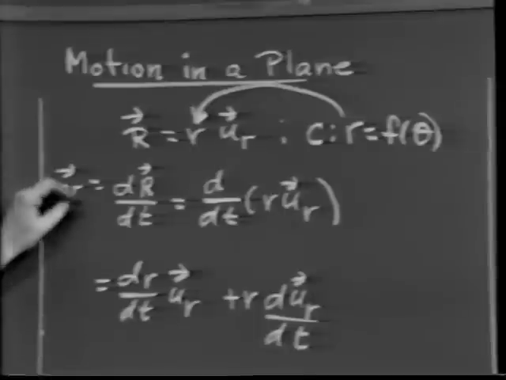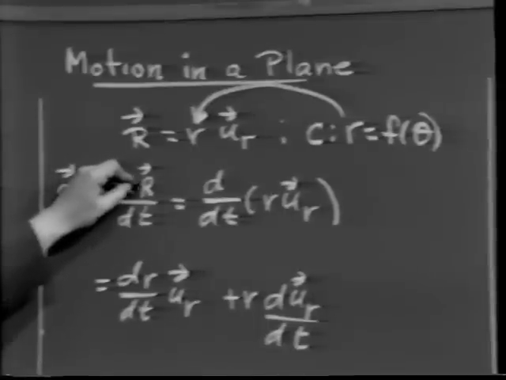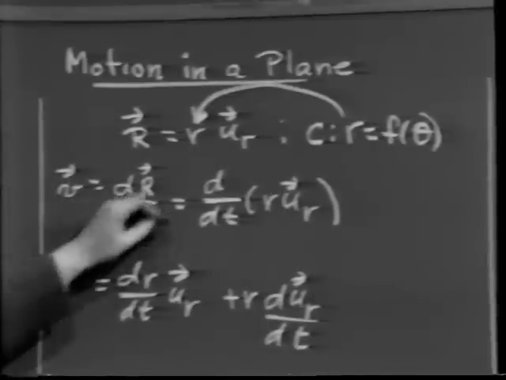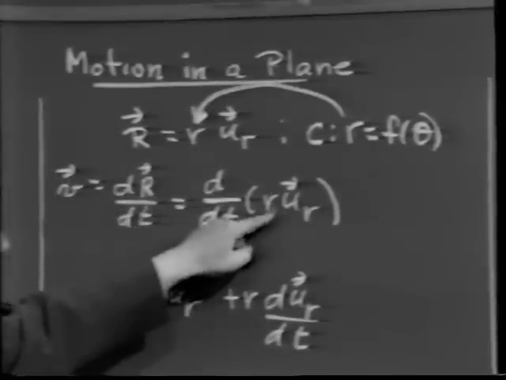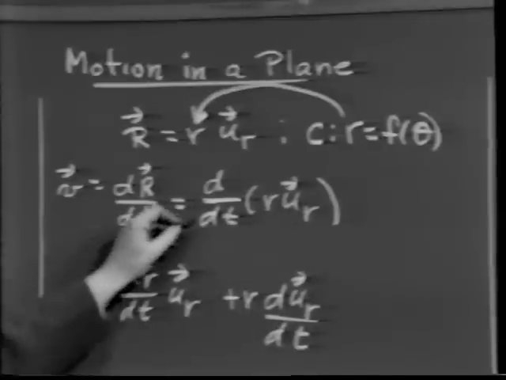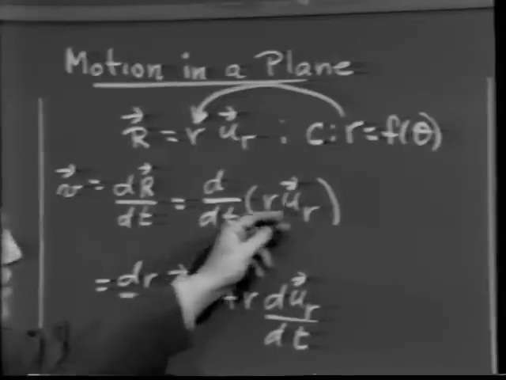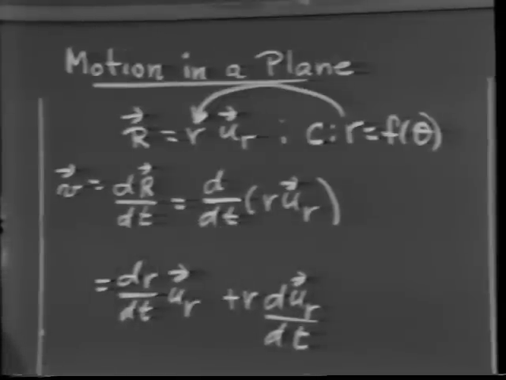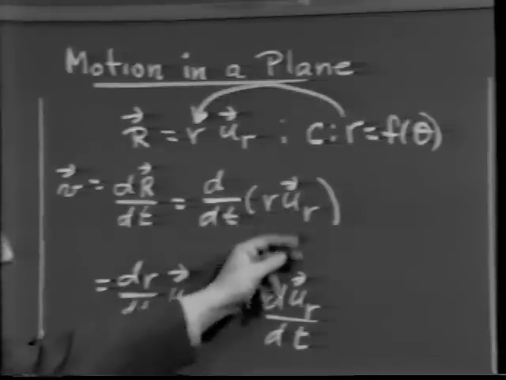By definition, it's just the derivative of the radius vector with respect to time. That's just d/dt of r times u sub r. Now keep in mind that r and u sub r are both functions of time, namely the distance of the particle from the origin, as well as the direction of the line of action that joins the particle to the origin, will in general depend on time.